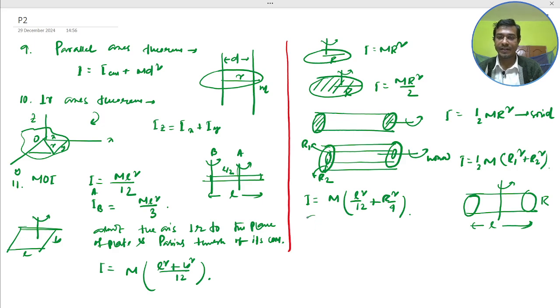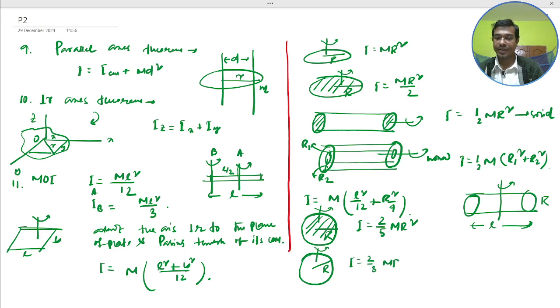For a solid sphere of radius r, moment of inertia along this direction is 2 by 5 m r square. For a spherical shell of radius r, it is 2/3 m r square. Last one, the hollow sphere.